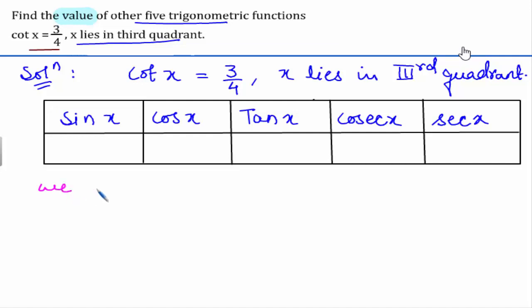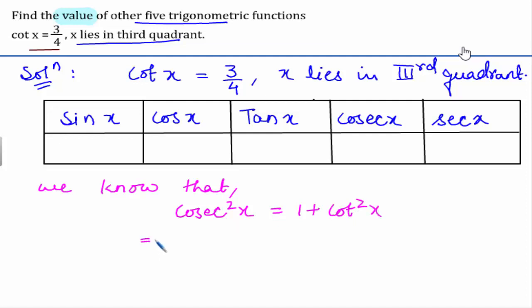Now we know that cosec square x is equal to 1 plus cot square x. So this implies that cosec x is equal to square root of 1 plus cot square x.